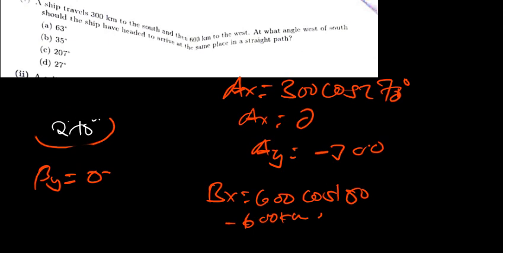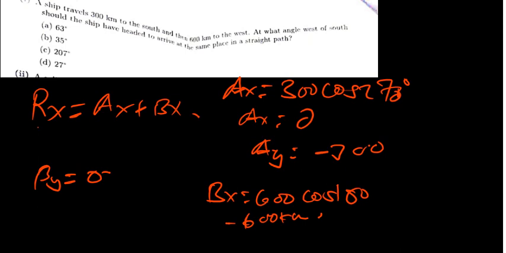Now you need to add the x components and the y ones. So you want to find the resultant. Our Rx is going to be Ax plus Bx. What is Ax? Ax is 0, Bx is negative 600.